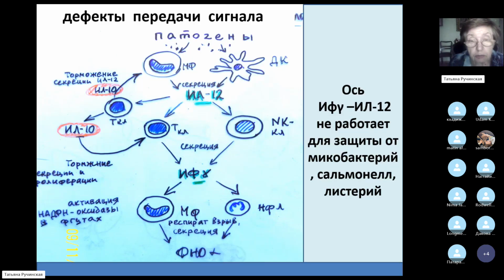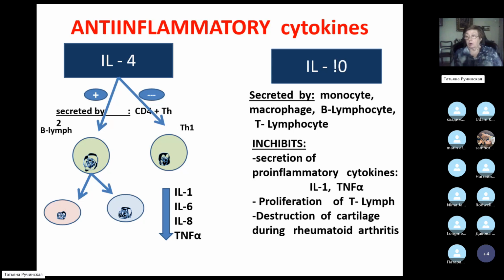I told you that the activated macrophage in the zone of inflammation must synthesize such cytokines as interleukin-1, interleukin-6, and tumor necrosis factor. These cytokines are pro-inflammatory, you see.